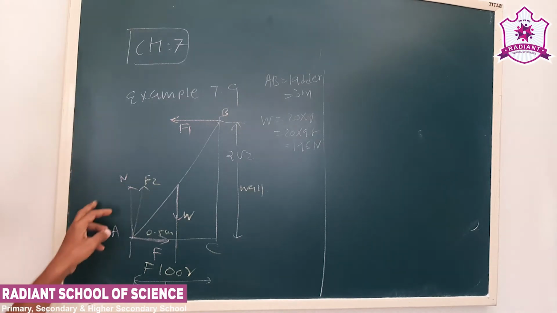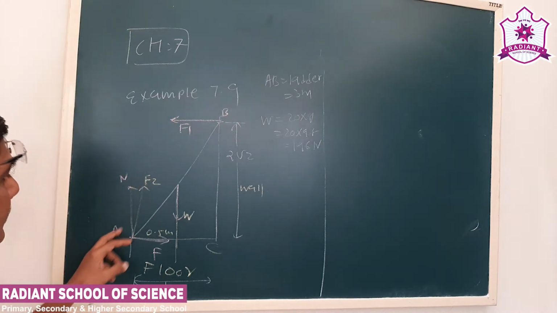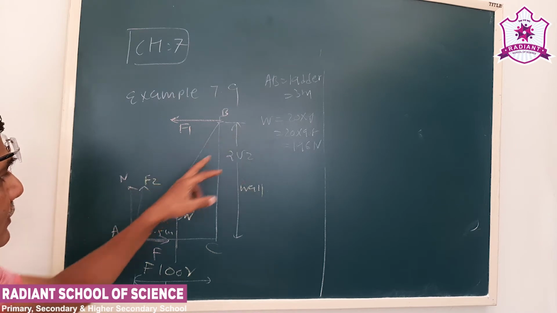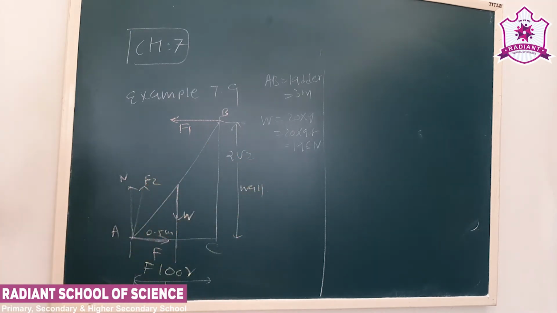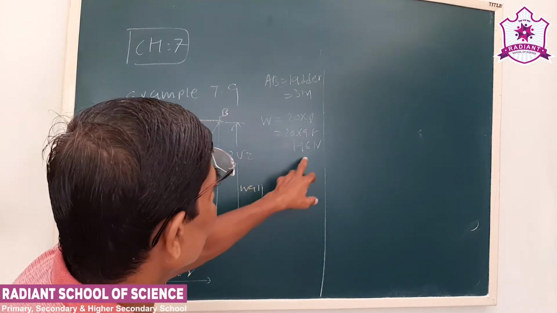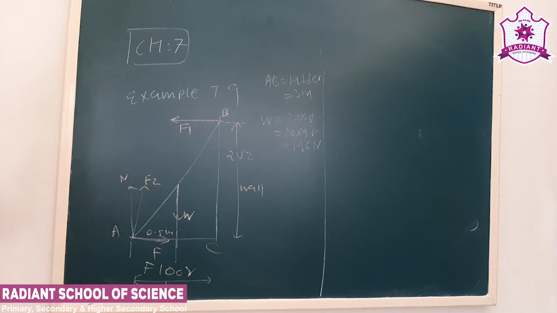The length of the ladder AB is 3 meter. The mass of the ladder is 20 kg. We consider the mass to be concentrated at the center of mass, so the weight will be 20 into 9.8, which is 196. What you have to find out is the reaction of the floor and the wall.